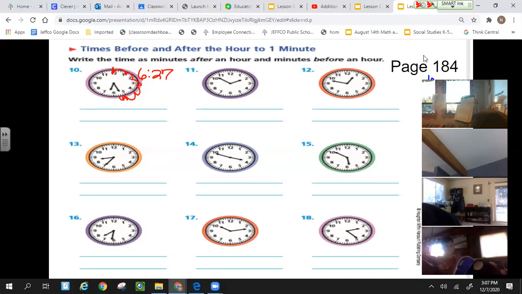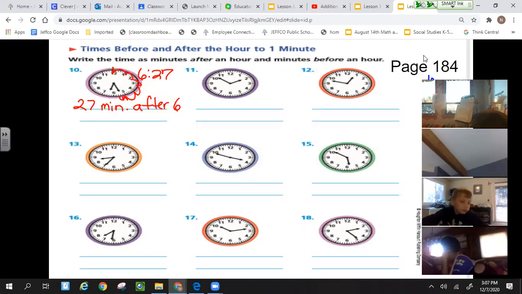That's probably the hardest part, figuring out the time to the nearest minute, because now we're just doing what we did before. 27 minutes after 6. Okay, but now I have to figure out how many minutes until the next hour. That's a little tricky when it's by minutes. So what I'm going to teach you is a little trick. I think that helps, because I like counting by 5s first, then counting by 1s.